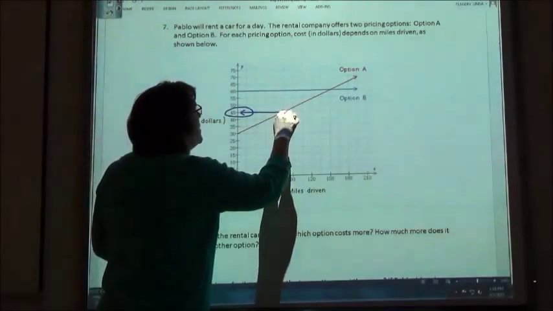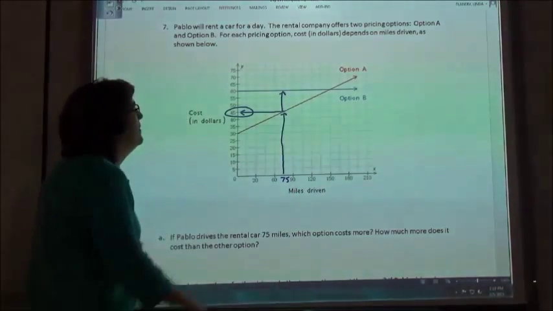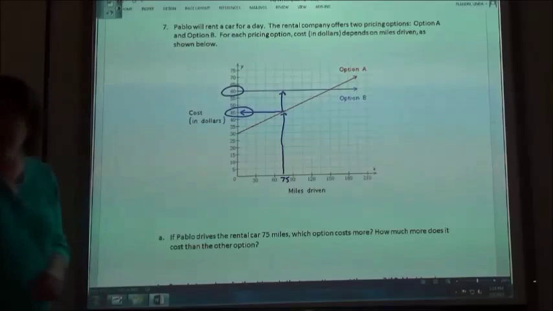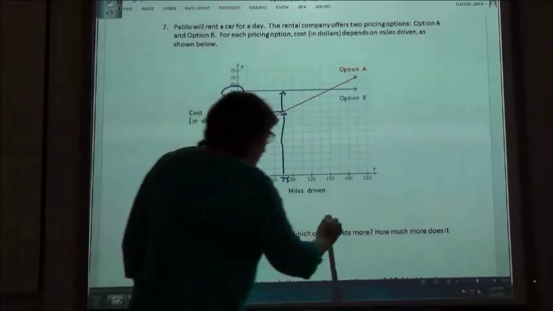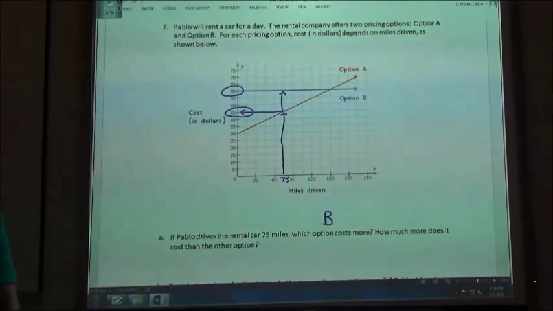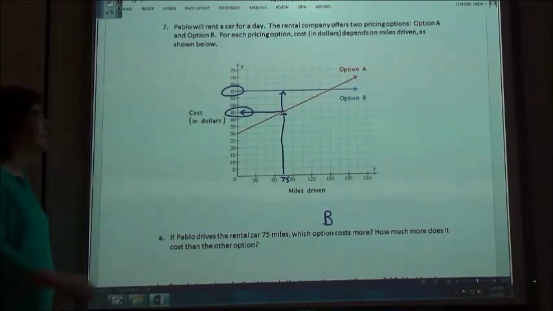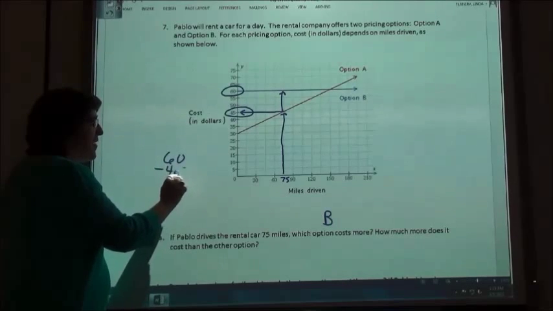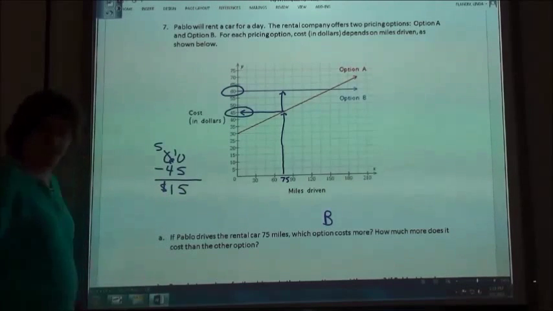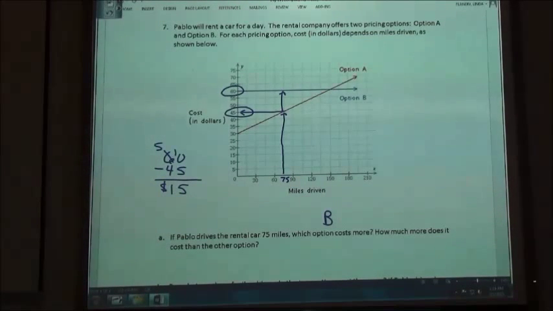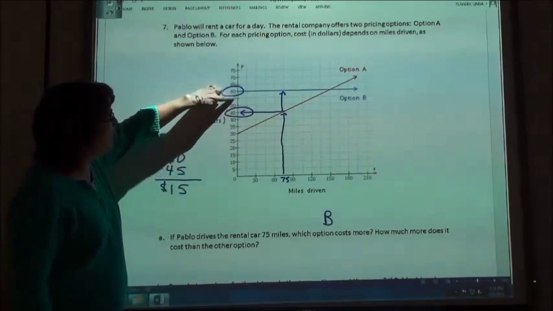If I go up to option B, how much is option B going to cost me? $60. Which one costs me more? Option B. How much more did it cost? $60 minus 45, right? $15. Or they're each going up by 5, 10, 15.